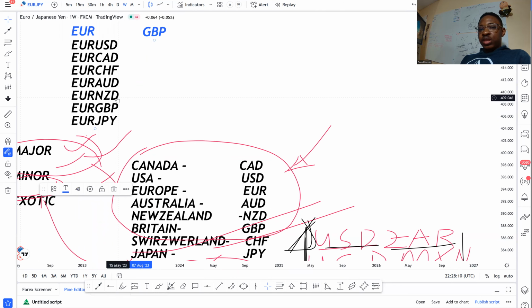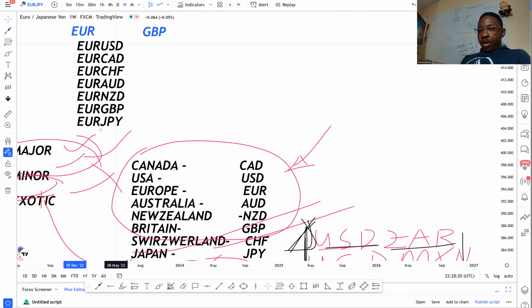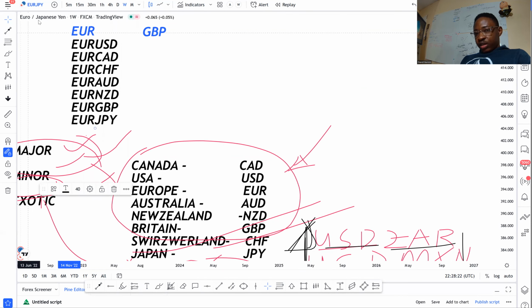So that is the exception. The only time the pound would become the second currency is when it is paired with the euro. Aside from that, all other currencies paired with the pound would be the first currency.